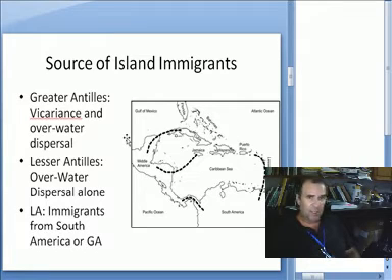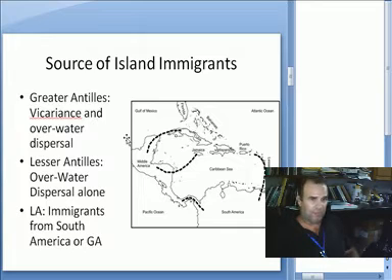So what has happened in the past is that Cuba and Jamaica were connected with Hispaniola and Puerto Rico, and in themselves, they were also connected at various times to Central America, either through the Yucatan Peninsula or through Honduras and in that general region.